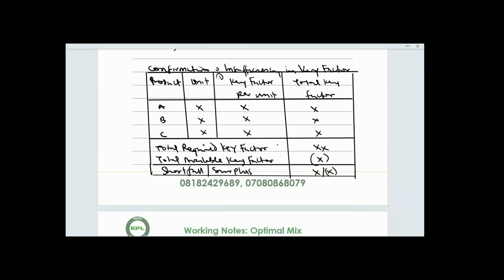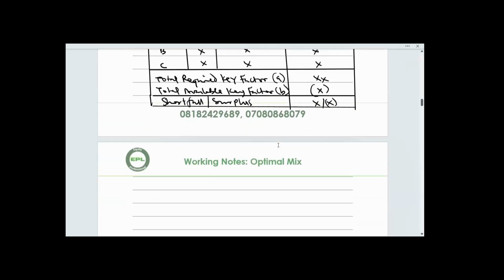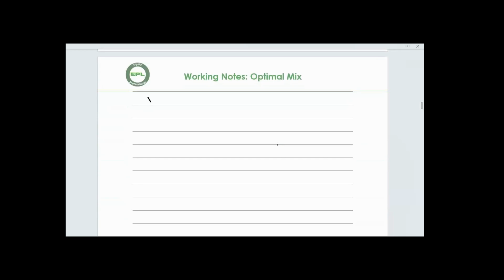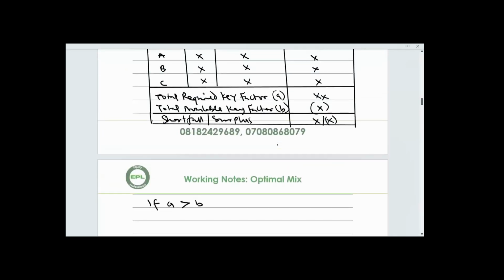Okay. So like I said, let's say this is A, then this is B. If A is greater than B, if the total required resources is more than the total available resources, then of course, say for example, you need 100.